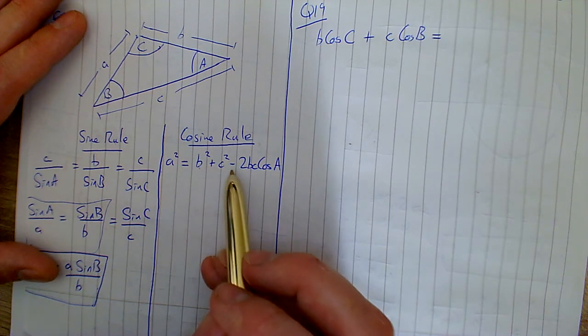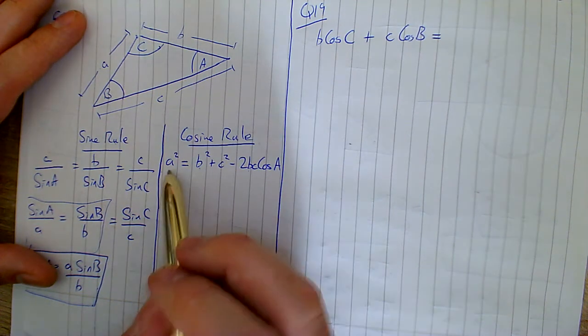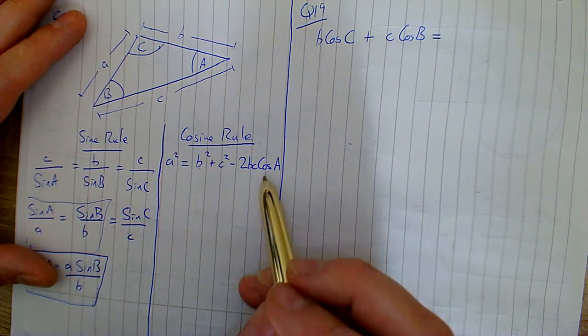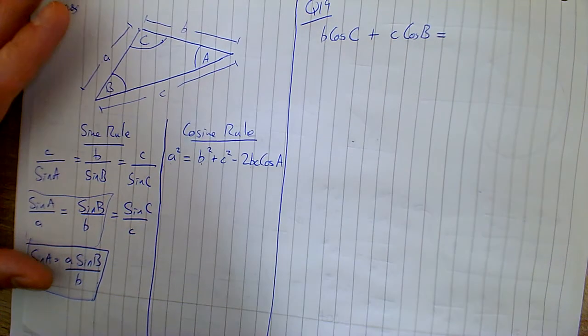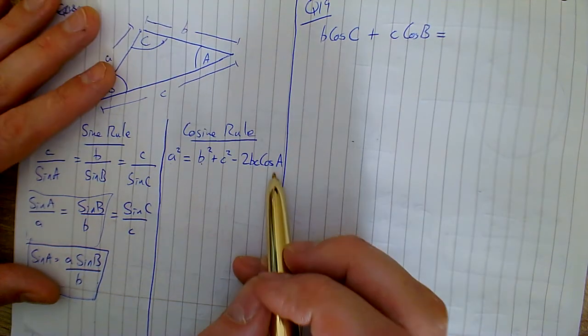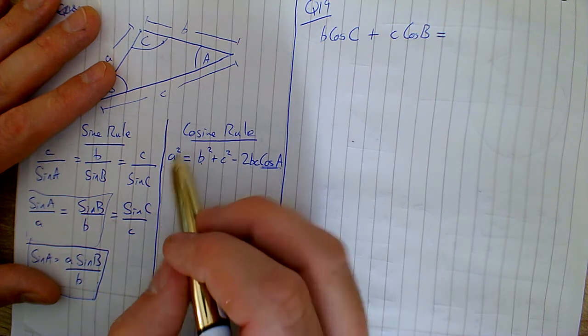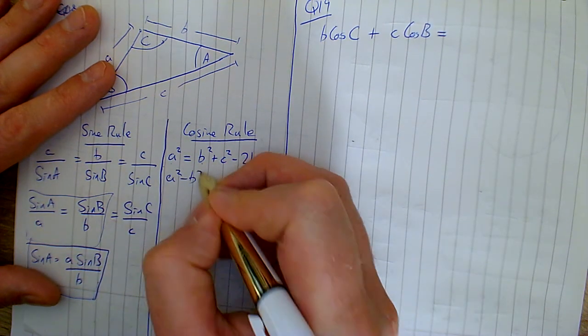In this exercise, they tend to get cos a by itself is the most useful way to work with it. So moving everything over to the left hand side, you get a squared minus b squared minus c squared is negative 2bc cos a. Dividing through, a squared minus b squared minus c squared over negative 2bc is cos a.